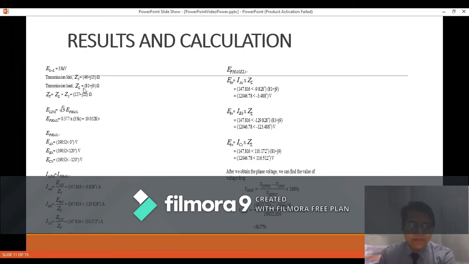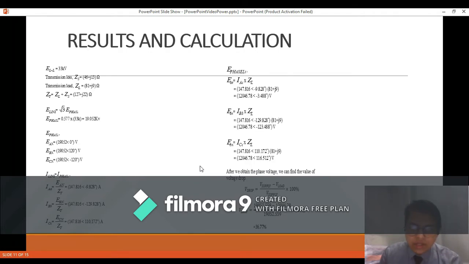Okay, this one is A, B, C, and D. And then we calculate the E line, E phase, and then we calculate the line current for I phase.